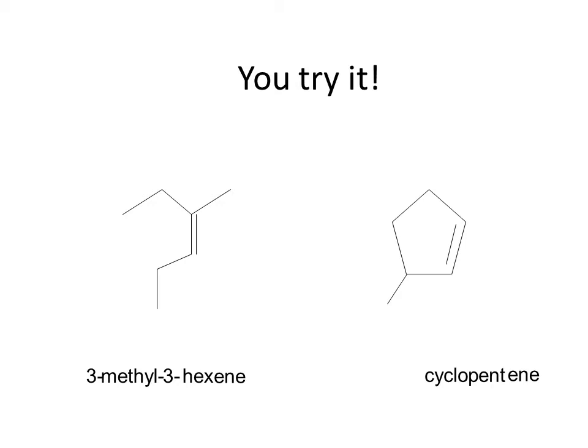It gets the lowest numbering. Now, numbering always goes through the double bond, so the methyl group is on the 3rd carbon because the first one is the top carbon, the second one is the bottom carbon in the double bond, and number 3 will be where the methyl group is.